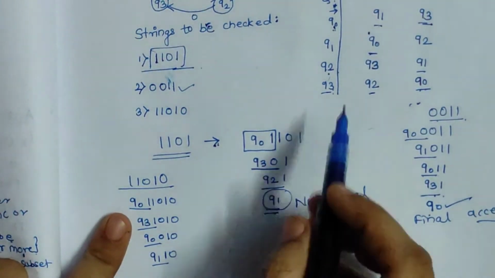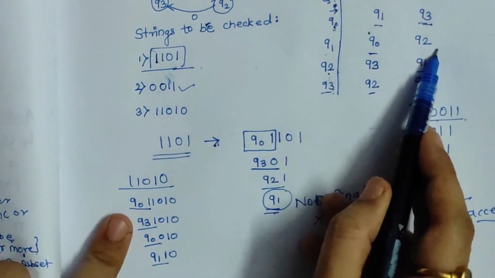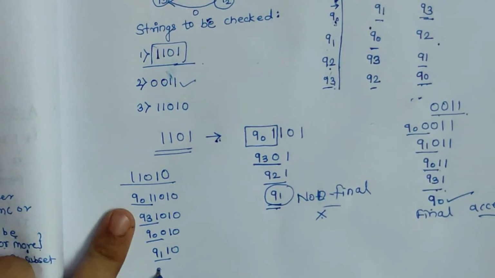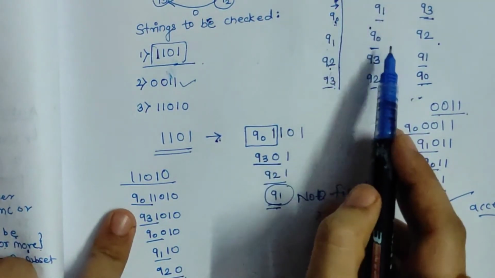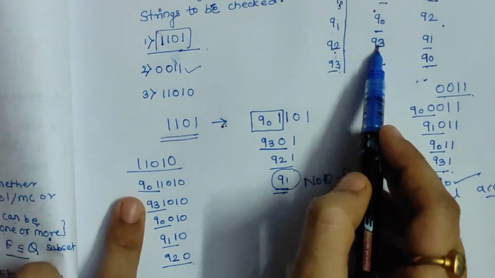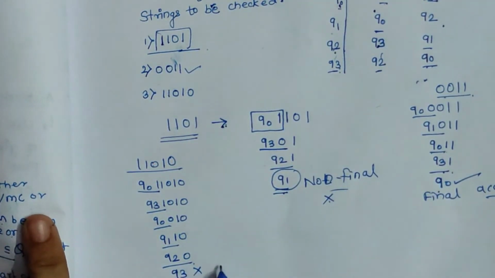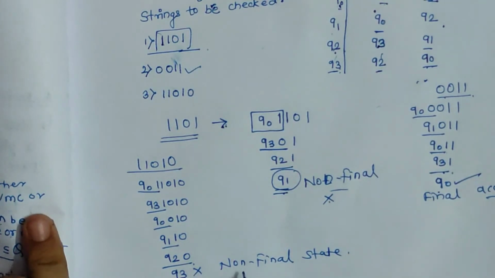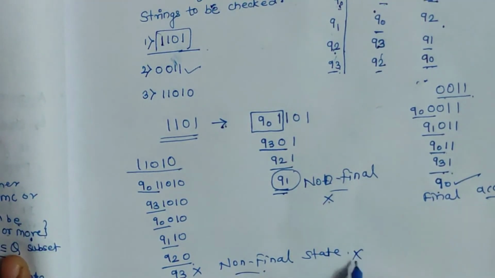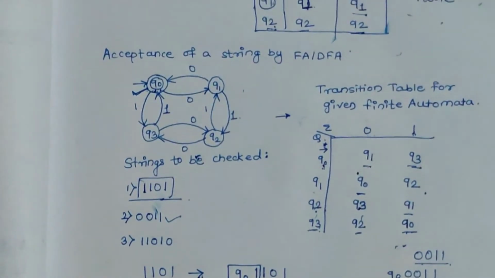Q1 with input 1 gives Q2, with remaining input 0. And Q2 with input 0 reaches state Q3, which is a non-final state. That's why this string will be rejected by the DFA.